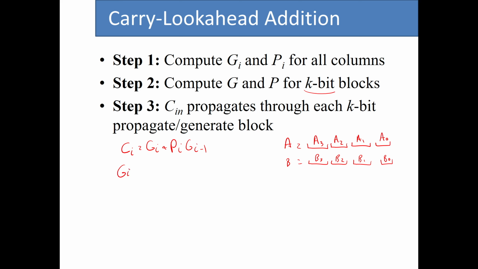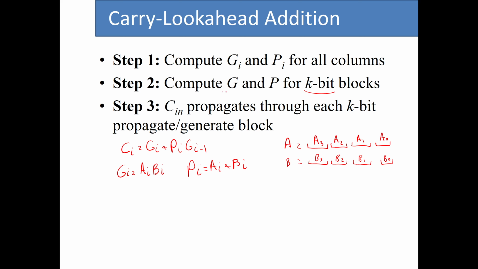G_i is basically A_i being ANDed with B_i. So for each one of these, if we calculate the result of the bitwise AND, we create the generate signal. For the propagate signal, we need to calculate the OR of these two, so we have A_i OR B_i.